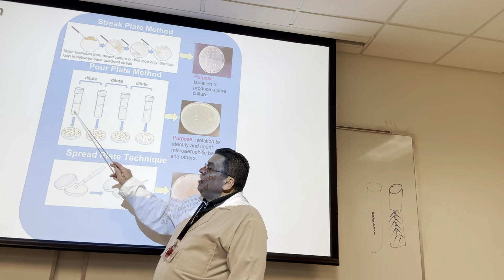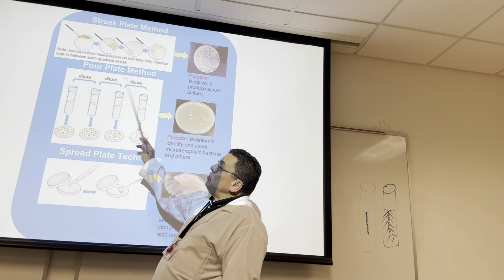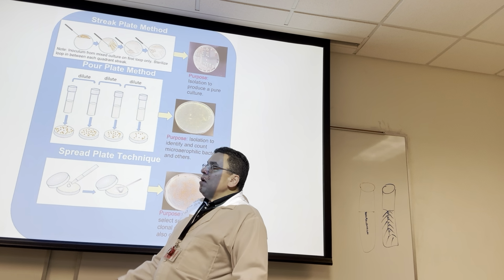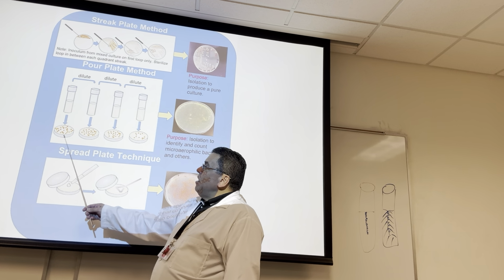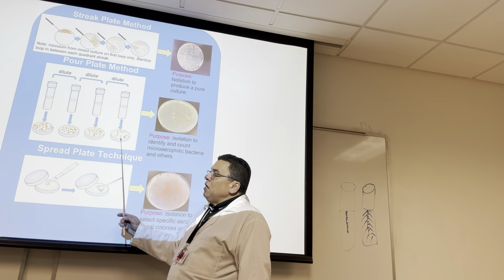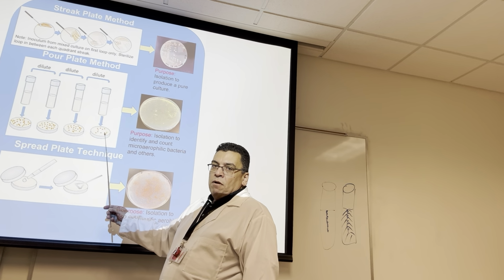And then you dilute it out again. Now you have 4 tubes. Then you pour each one of them. So they're called dilutions or serial dilutions. And then you grow the plate. Obviously, the most concentrated one will produce the largest number of colonies, and the least concentrated one will produce the lowest number of colonies.